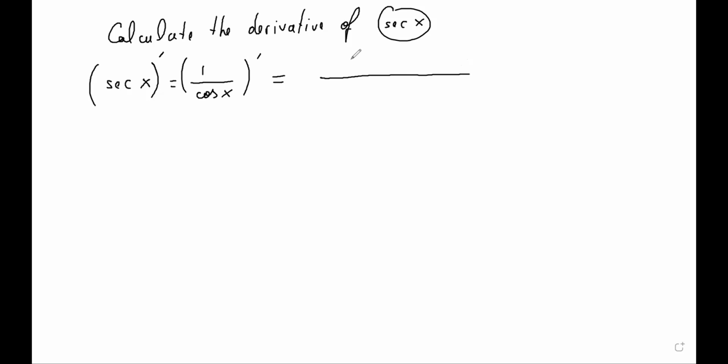All right, so I'm going to do the quotient rule. Look here, it says 1 over cosine x. So when you do the quotient rule, you're going to say the top part prime, so 1 prime times cosine x minus 1 times cosine x prime, divided by cosine squared x.